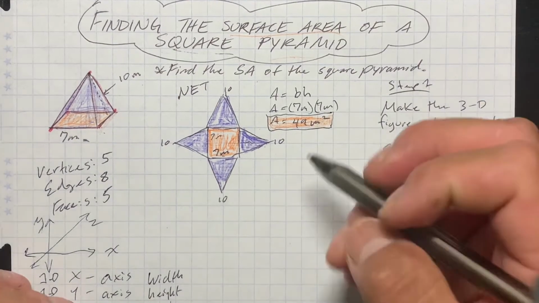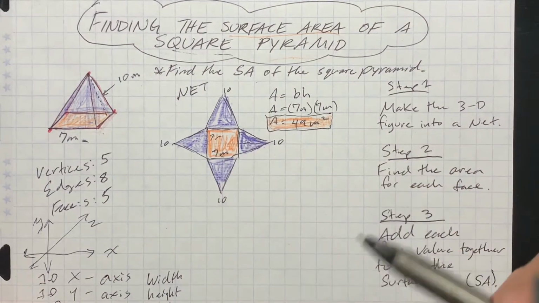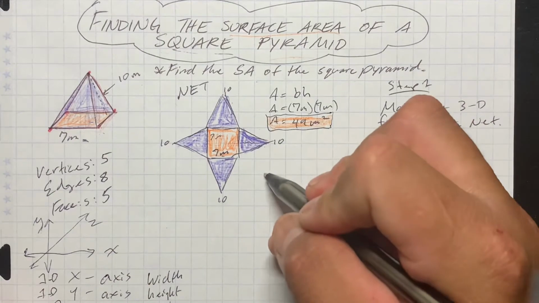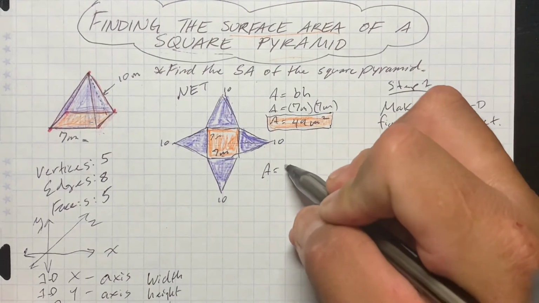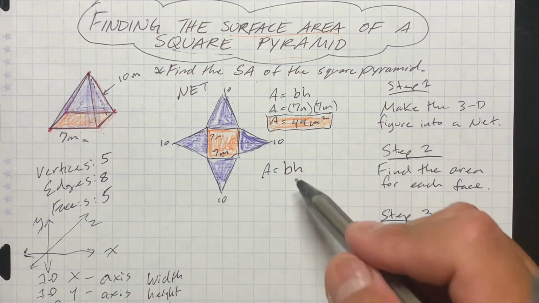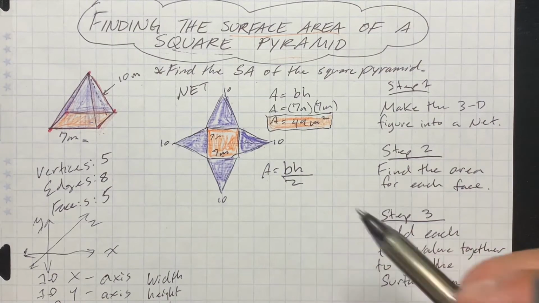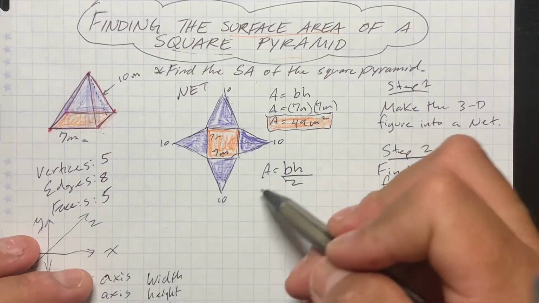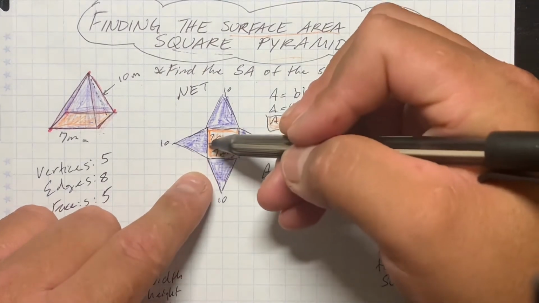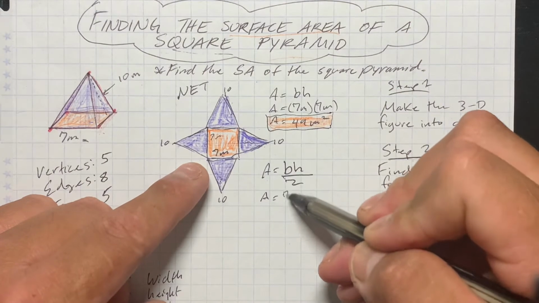Now these lateral faces are in the shape of a triangle. Half of a square is a triangle. So basically, here's the formula for a triangle. Area equals one half base times height. Again, half of a square is a triangle, so we divide it by 2. All right, so the area of this triangle here, let's focus on this bottom one, is going to be 7 meters for the base.